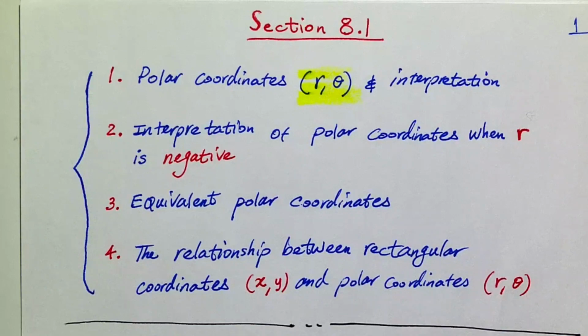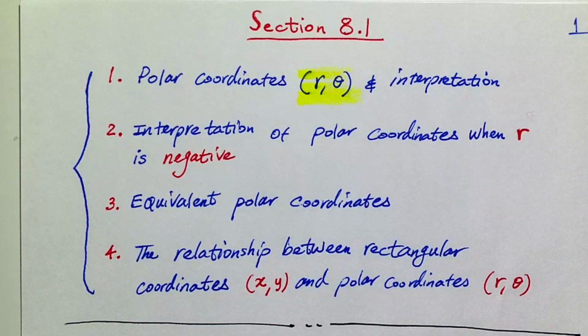If you have a tangent function, then the same angle plus pi will give you the same location, or if you have sine or cosine function, the same angle plus 2 pi will give you the same angle. So those would be equivalent angles depending on the period of the trigonometric function. With polar coordinates, we have the same situation where one point can be represented in different equivalent forms. We will look at that.